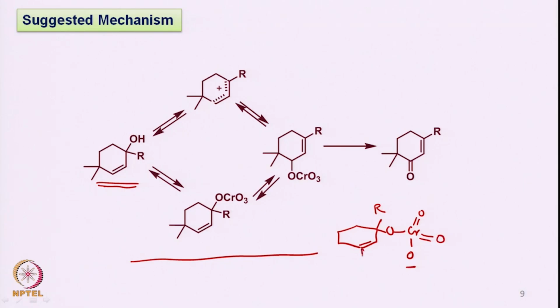Now you have one hydrogen here. So this part has come by reacting the tertiary alcohol with the pyridinium chlorochromate or any chromium reagent.